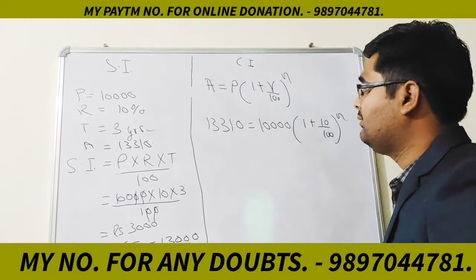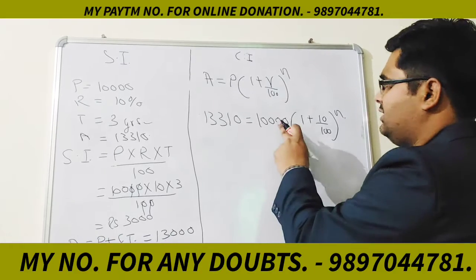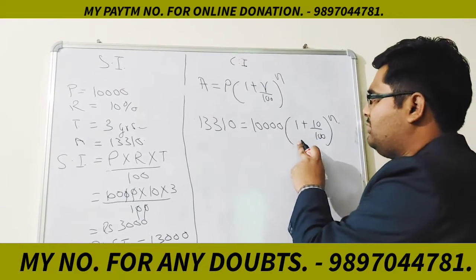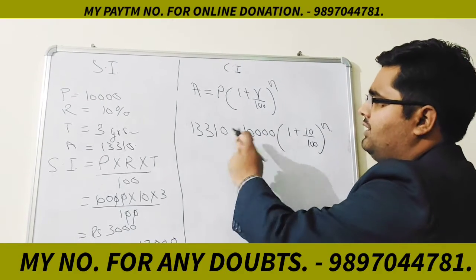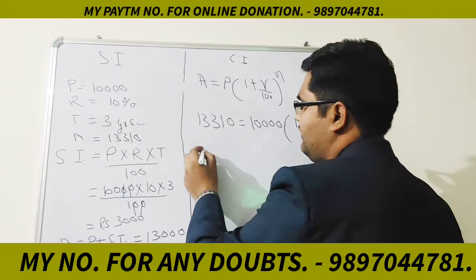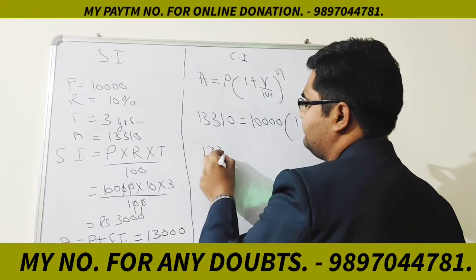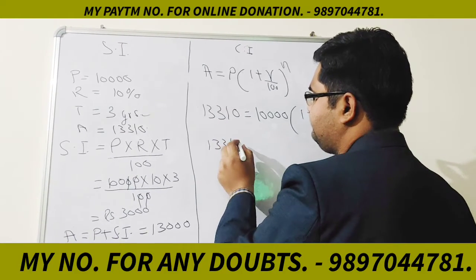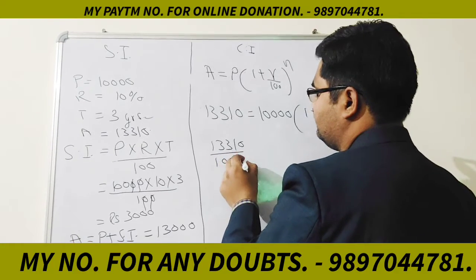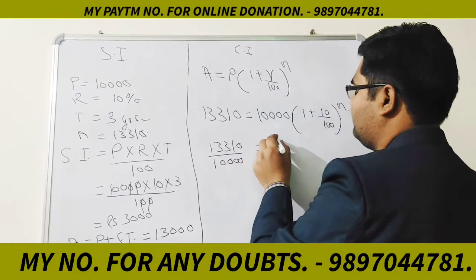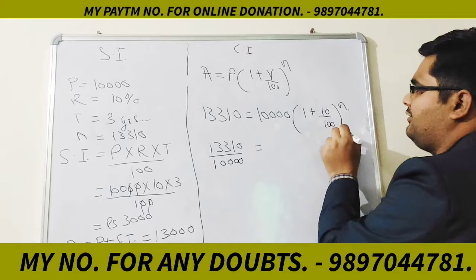Now this 10,000 is multiplying with this, so you take this 10,000 to the left hand side, and this 0 and this 0 get cancelled.